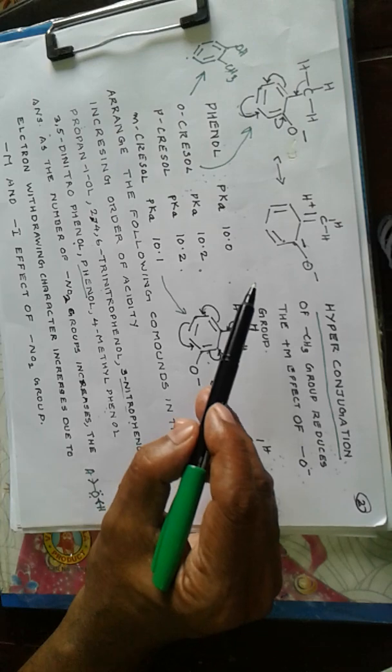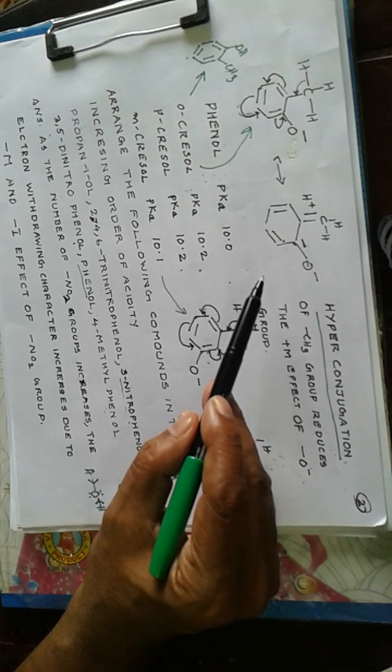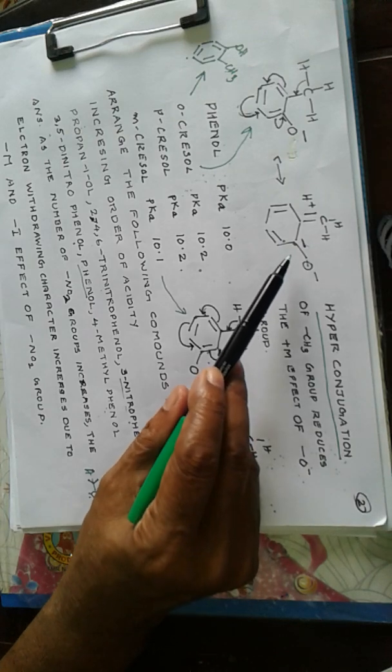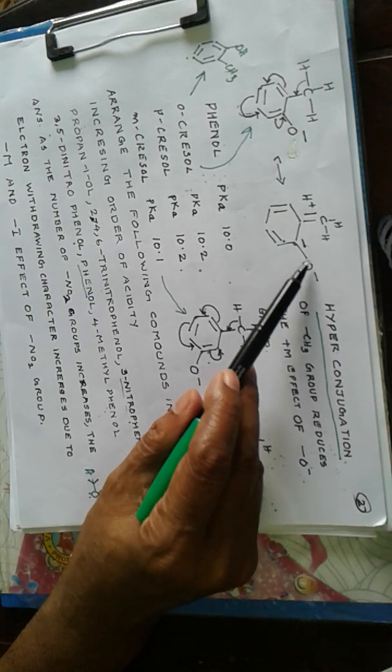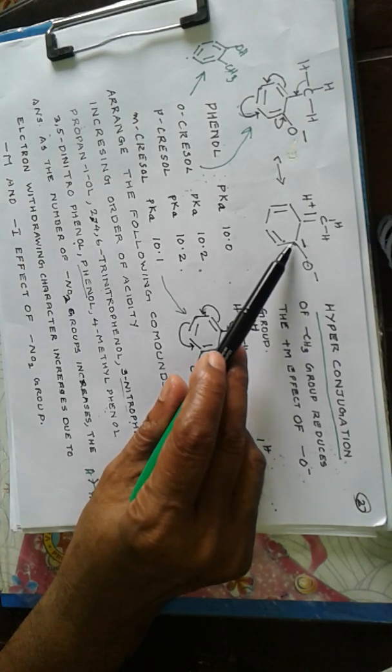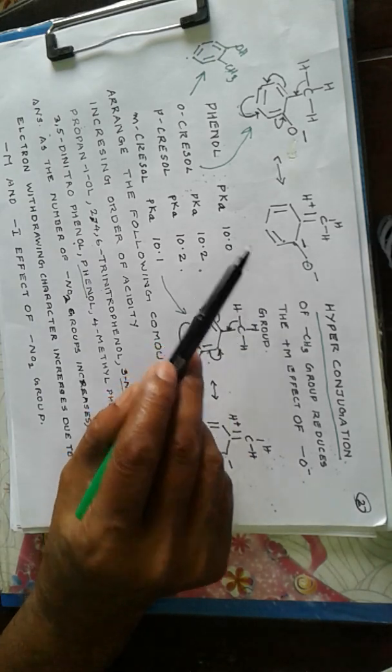Similarly, in the case of para-methylphenol, that is paracresol, the negative carbon and negative oxygen can come closer. So negative carbon and negative oxygen come closer in paracresol also.